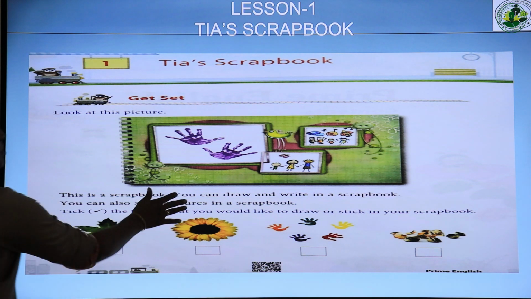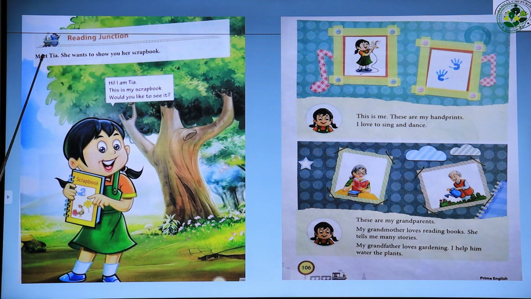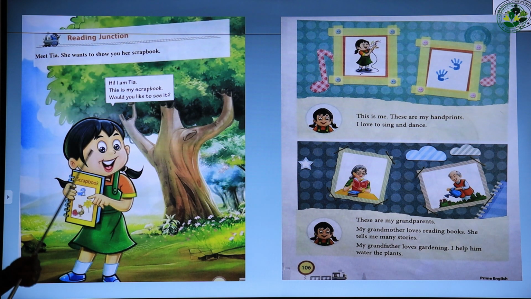Okay. Now listen. Look here. Meet Tia. She wants to show you her scrapbook. So who is this? This is our Tia. I told you about a little girl. Her name is Tia.